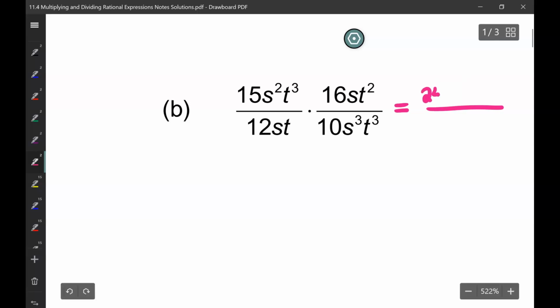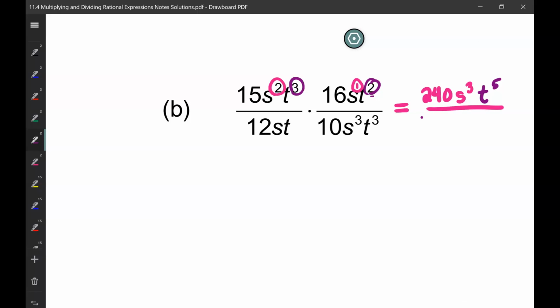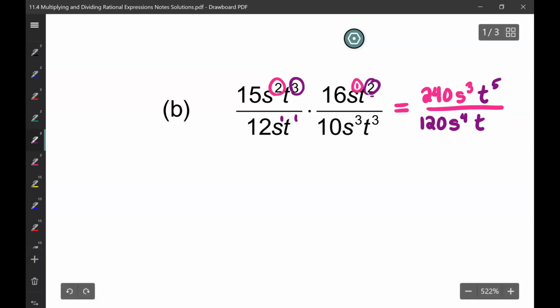And then I have an s squared and s to the first, so that'll be s cubed in the numerator. I have a t to the third and a t squared, so that makes t to the fifth. In the denominator, I have 12 times 10, so that's 120. I have s to the first and s to the third, so that's s to the fourth. And then I have t to the first and t to the third, which is t to the fourth.